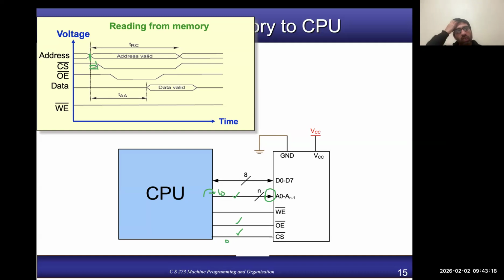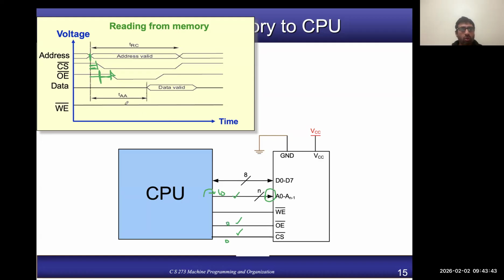When you read the data sheet of that memory, it will tell you what the time difference should be between putting the address and enabling the chip, right? After enabling the chip, you wait for some more time, and then you drive the output enable to 0, right?